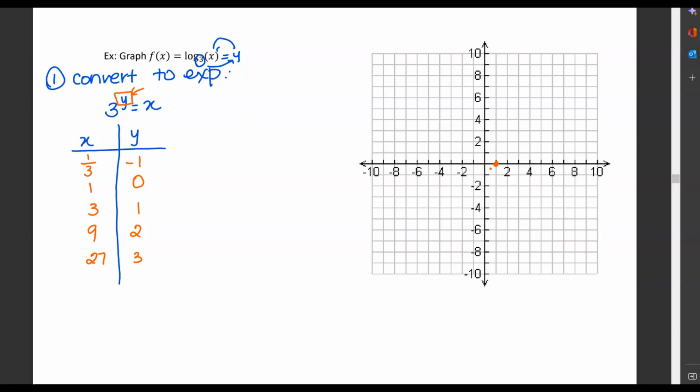So here's 1, 2, 3. We're going to be at 1. At 9, we're going to be at 2. And I could go off into 27, right? So let's go ahead and write plot points.